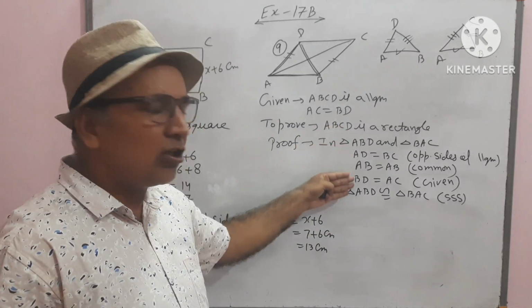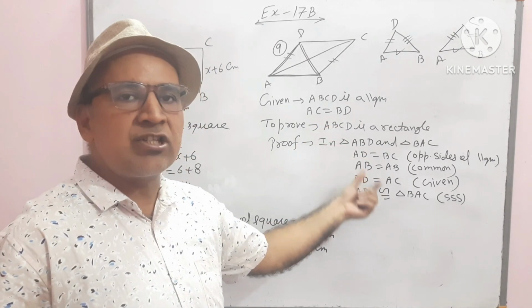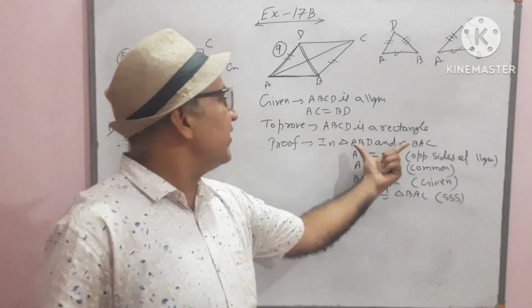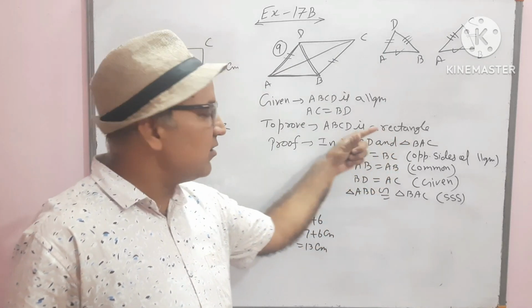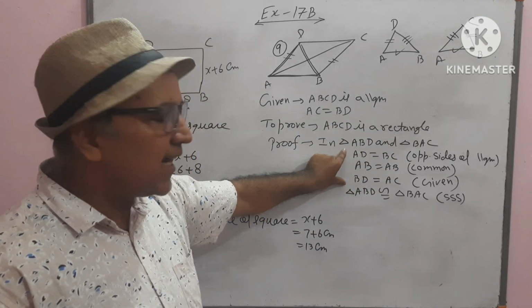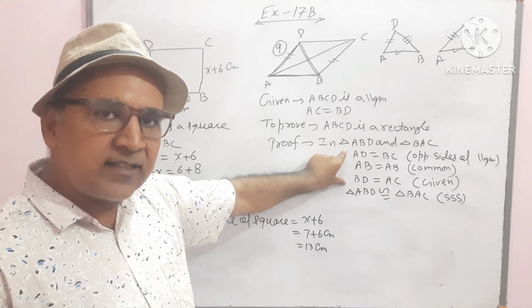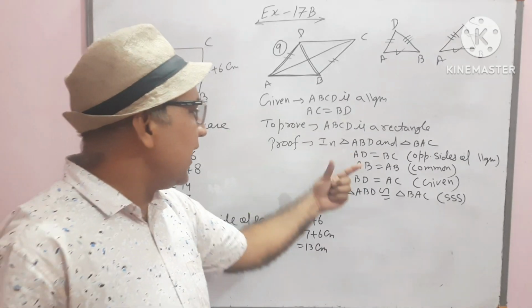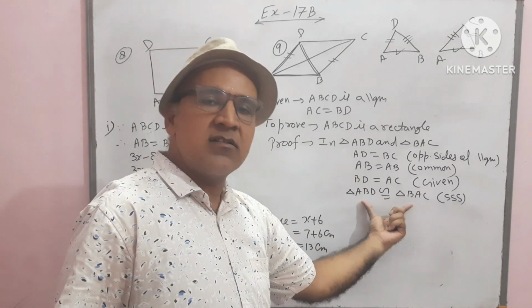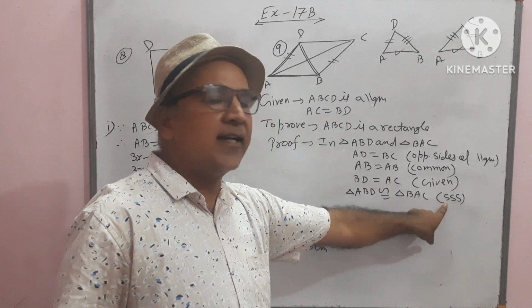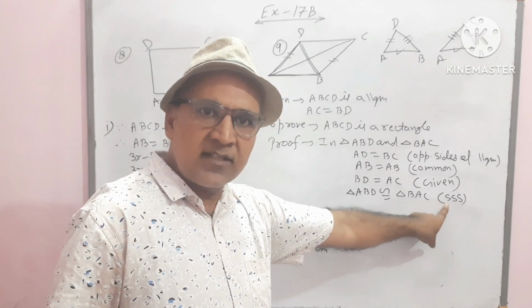This is the method of proving congruency of a triangle. First we write the names of two triangles, then we write the criteria on which we can say that the triangles are congruent, and then we write that the triangles are congruent.